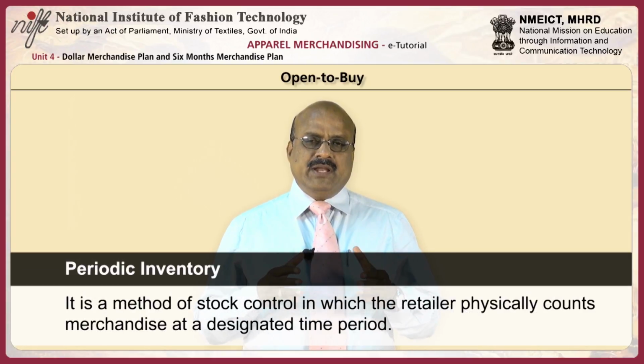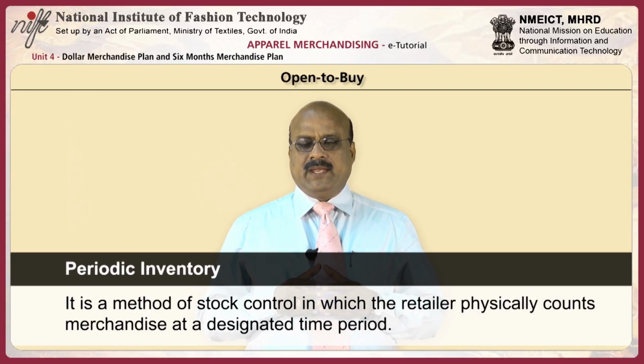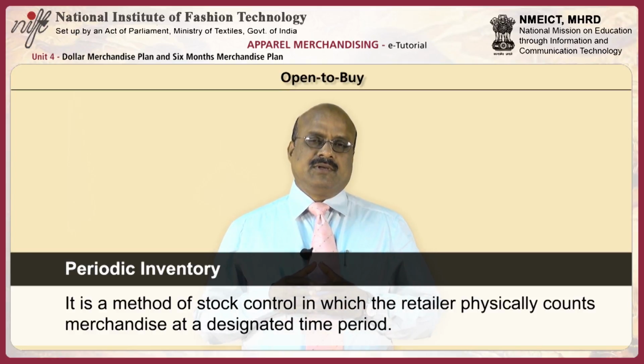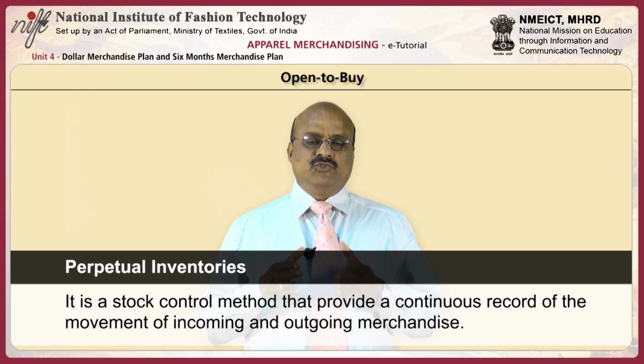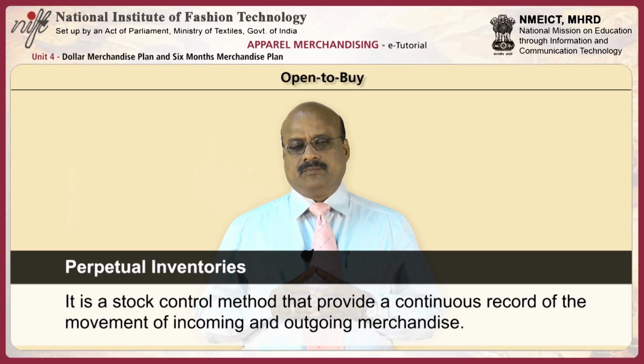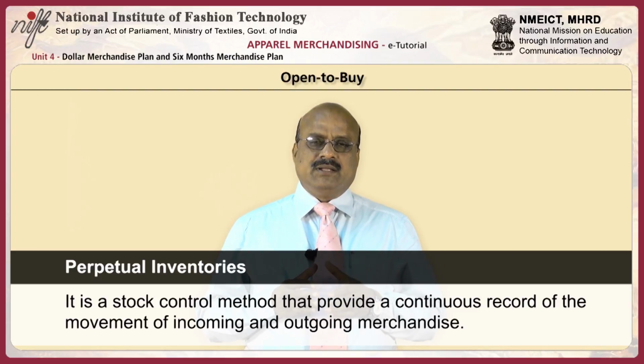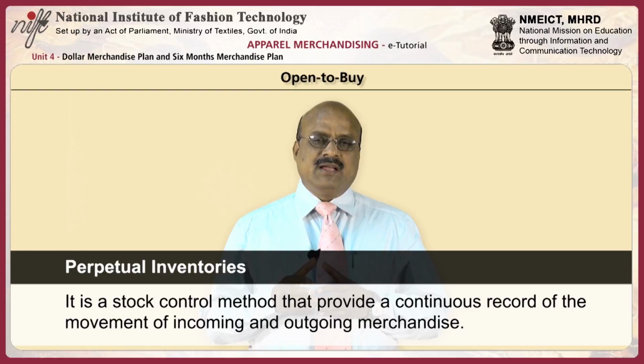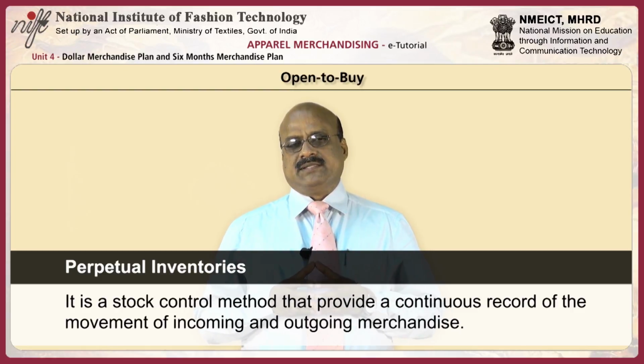So, periodic inventory control. It is a method of stock control in which the retailer physically counts merchandise at designated time periods. Then we have perpetual inventory control. It is a stock control method that provides a continuous record of movement of incoming and outgoing merchandise.